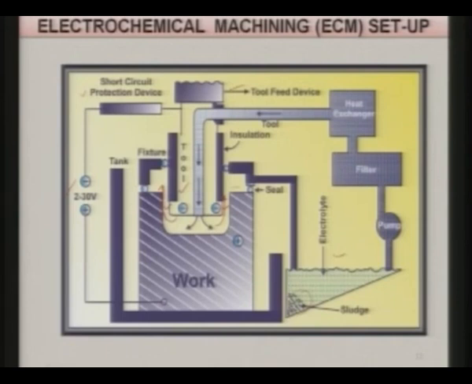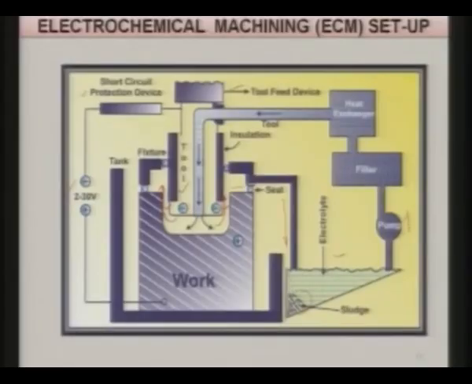The electrolyte is coming from there and being supplied to the electrolyte storage tank, and there are filters, which are not shown here, which will filter the electrolyte. They will separate out the sludge or other reaction products from the electrolyte, and then it is pumped towards the other filter set, and then there is a heat exchanger.